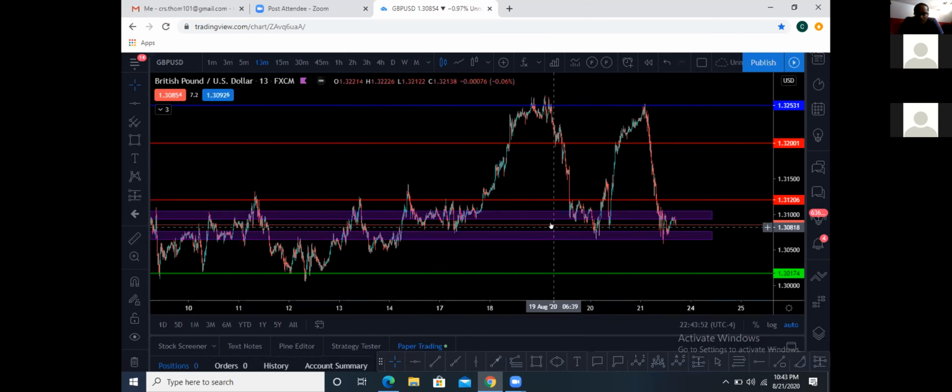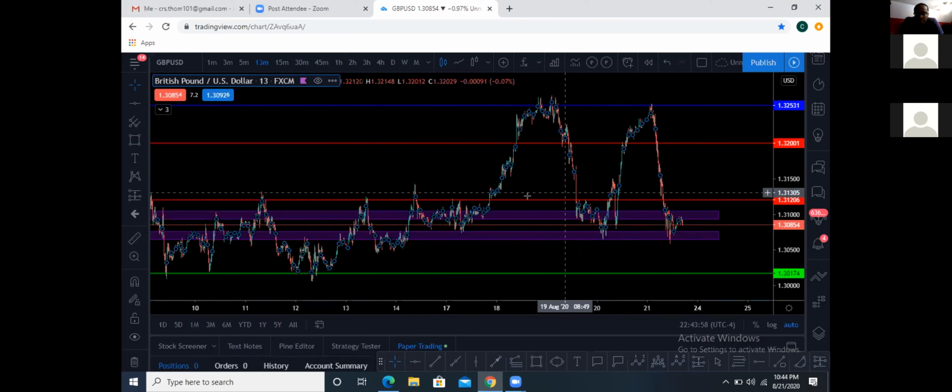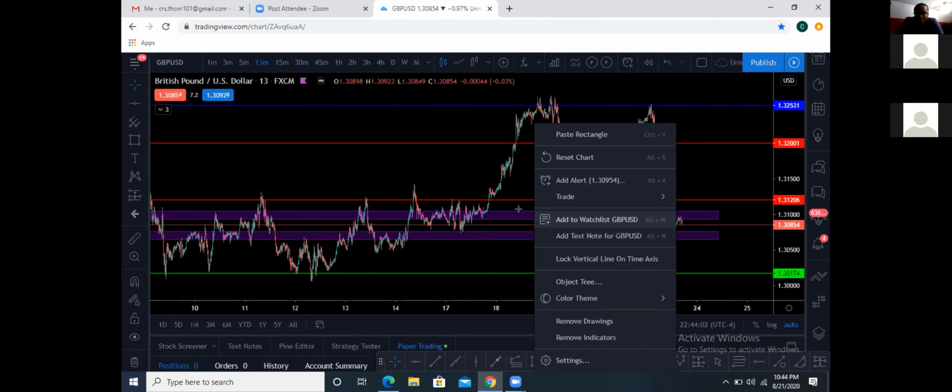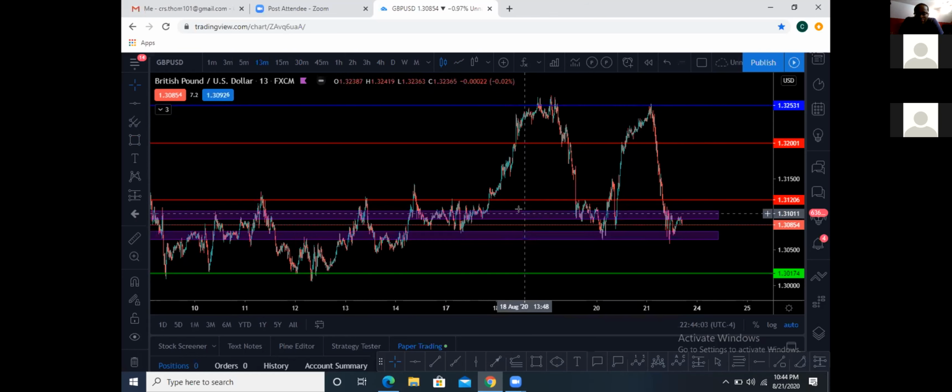So what I'm doing now is making copies of my zones, so that I can start finding my support and resistance. I'll make copies. I just left click my mouse. No, hold on. Click on it first.